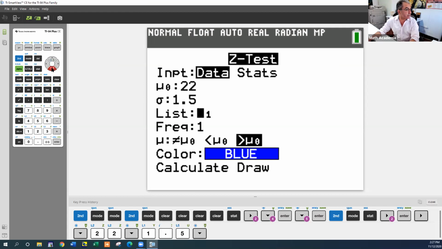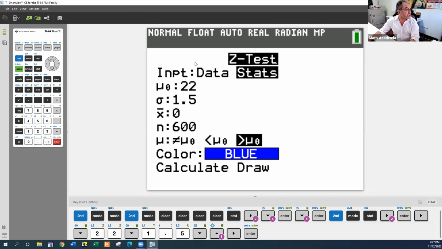Oh, I made a mistake, it's stats. One more time, guys. You are given the mu and the x bar, so just go directly to stats. So that's 22, that's 1.5, and the sample mean was 20.